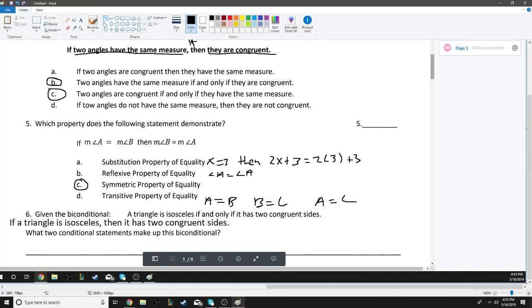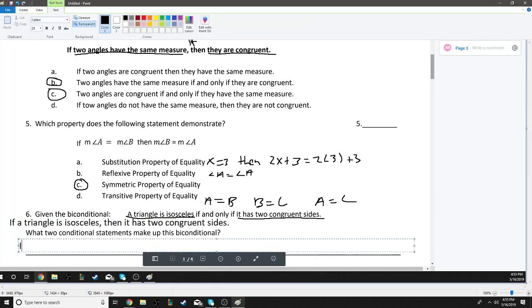So again, we are just saying if the first part, then the second part. We also get a second statement out of this: if a triangle has two congruent sides, then it is isosceles.